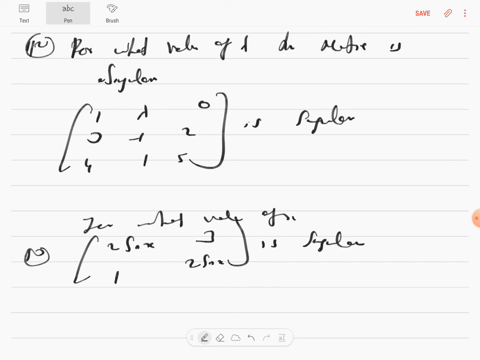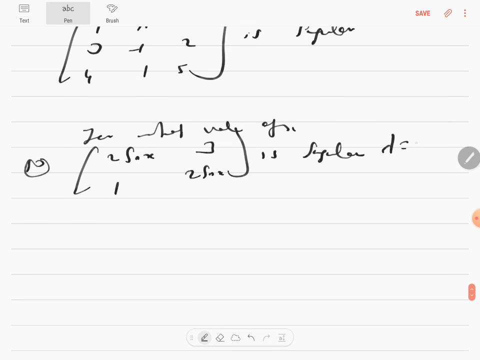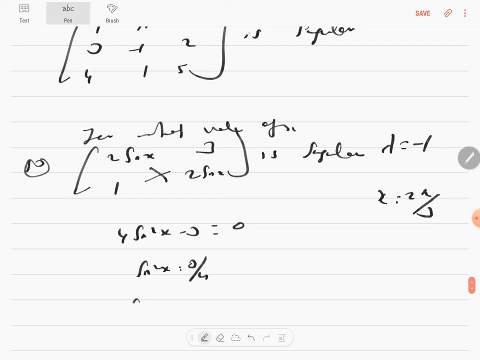So in the first question, lambda has to be minus 1. In the second question, x has to be 2 pi by 3. You can check your answer: the determinant value is equal to 0. In this case the determinant is 4 sin square x minus 3 equal to 0, so sin square x is equal to 3 by 4, so sin x is equal to plus or minus root 3 by 2. The sign can be positive or negative in the first, second, third, fourth quadrants, so I should be writing all answers, right?